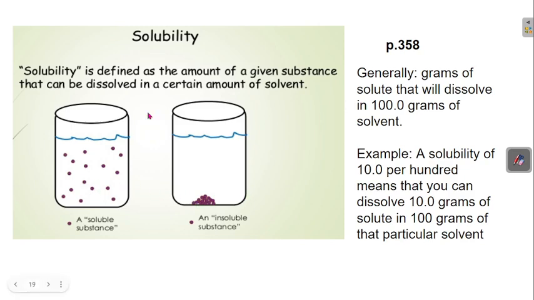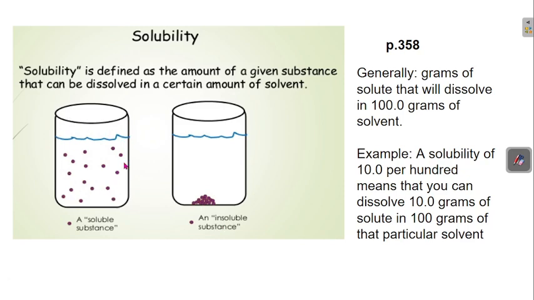So solubility has to do with soluble substances, substances that do dissolve. How much can you dissolve in 100 grams of that solvent? An example that they give you is, if we say that we have a solubility of 10 per 100, it means that you can dissolve 10 grams of whatever the solute is in 100 grams of whatever the solvent is.